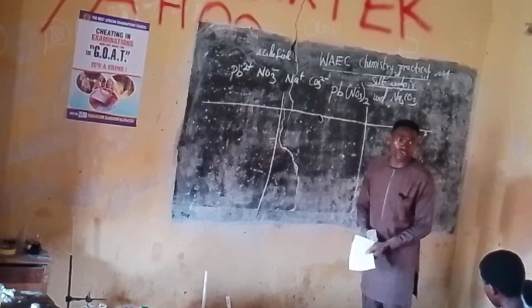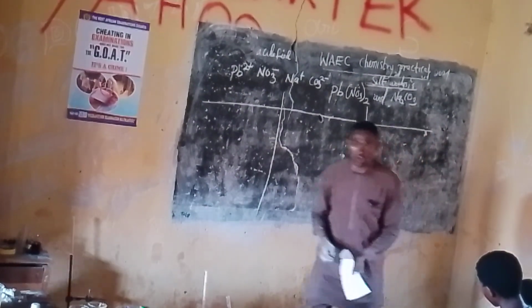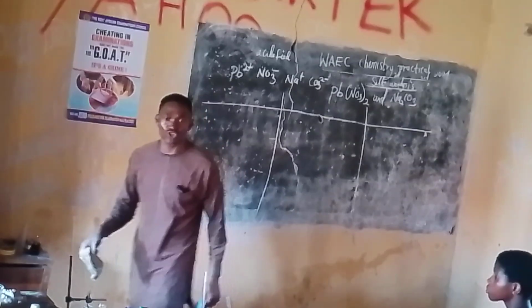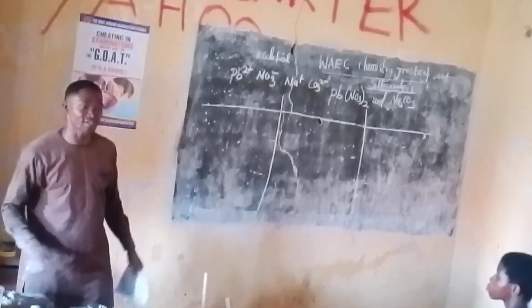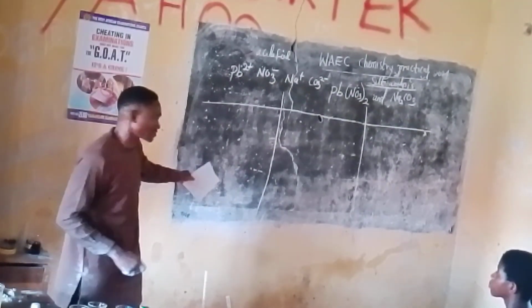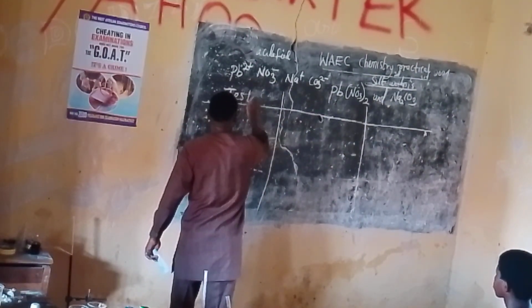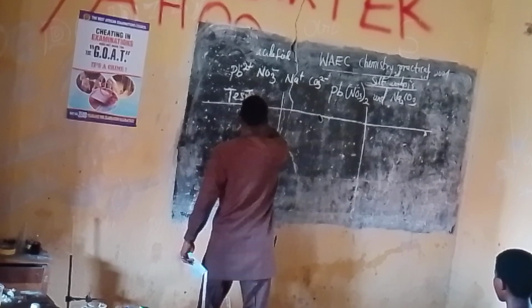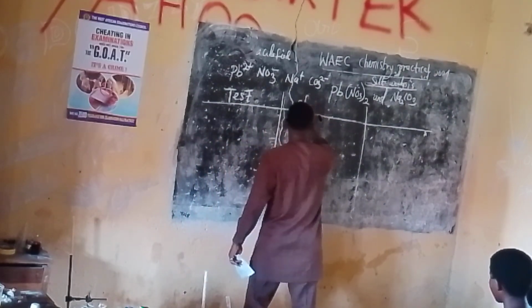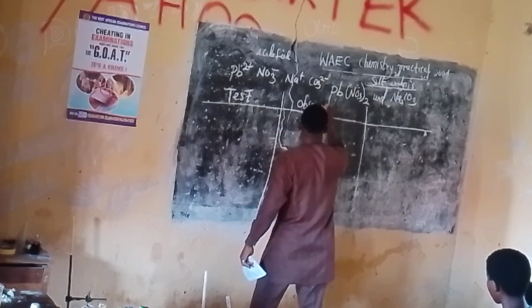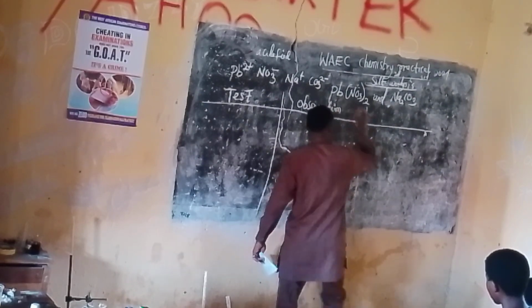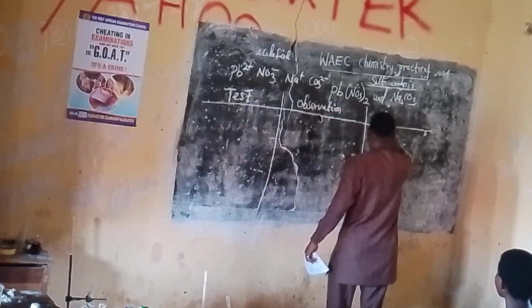And the third column is called the inference column. Inference is a conclusion drawn from the experiment, from your observation. So the report has test, observation, and inference.